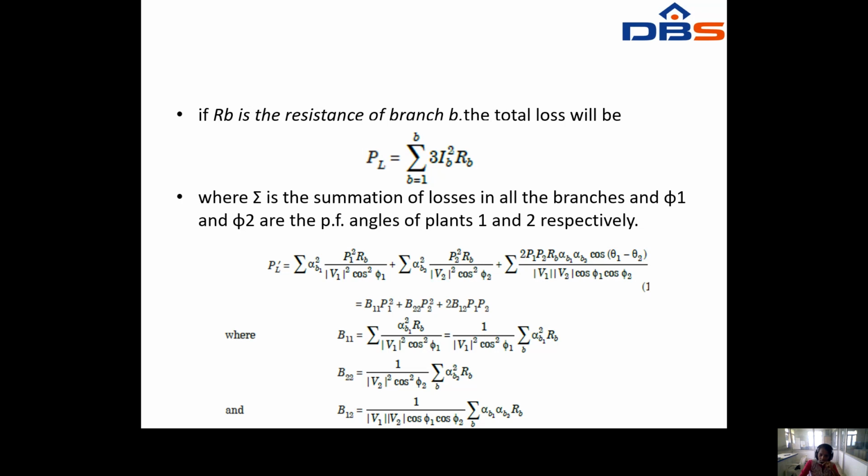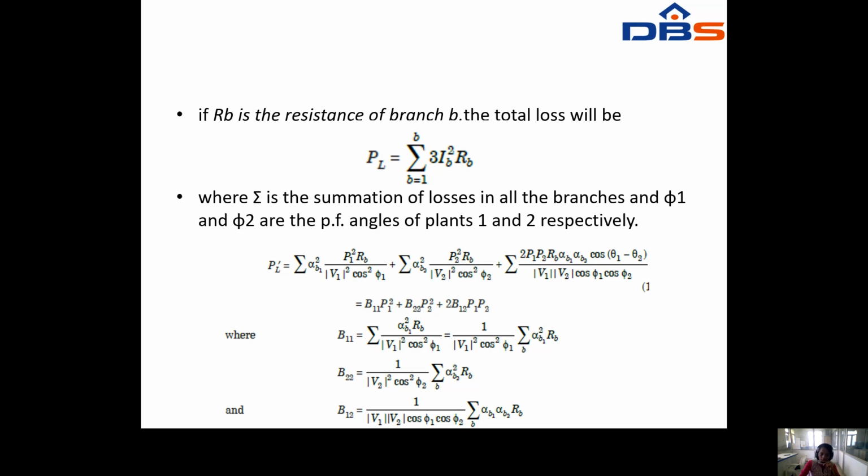B22 equals 1 by V2 square cos square phi 2 times sigma of alpha B2 square RB. And B12 equals 1 by V1 V2 cos phi 1 cos phi 2 times sigma of alpha B1 alpha B2 RB.